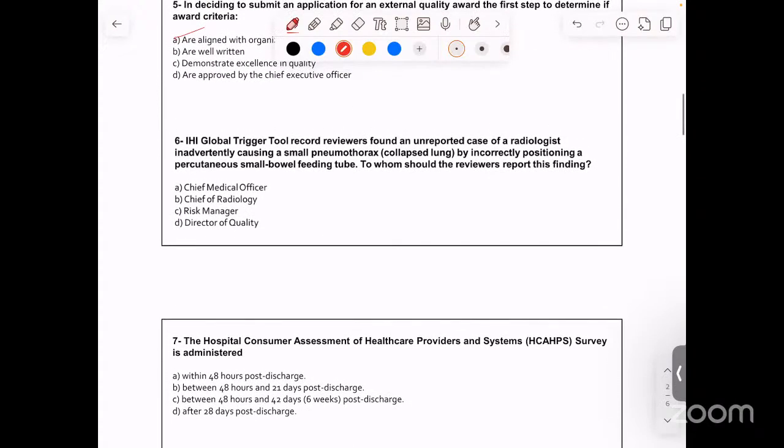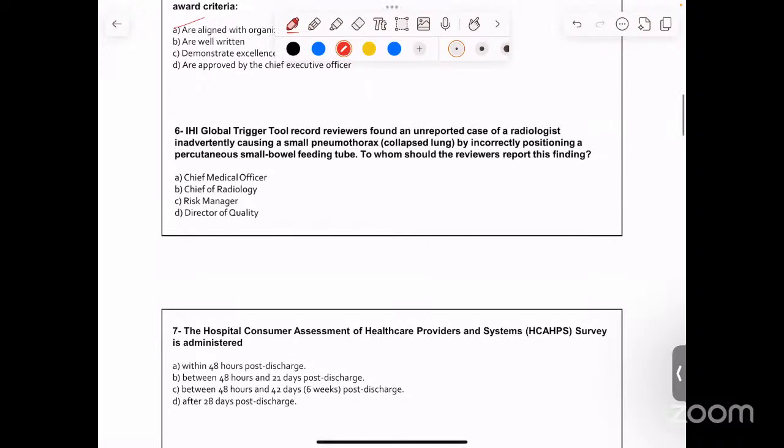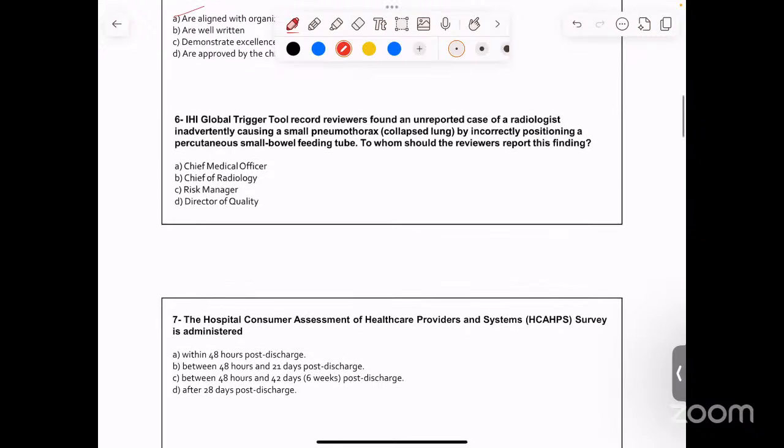Number 6. The IHI Global Trigger tool record reviewers found an unreported case of a radiologist inadvertently causing a small pneumothorax, or the collapse of the lung, by incorrectly positioning a percutaneous small bowel feeding tube. To whom should the reviewers report this finding?